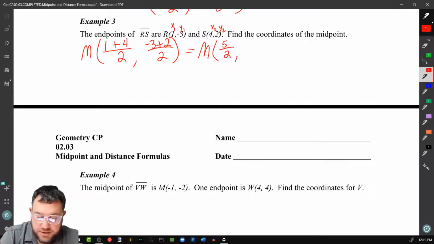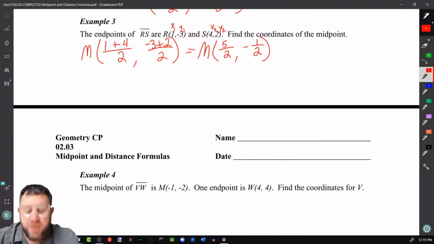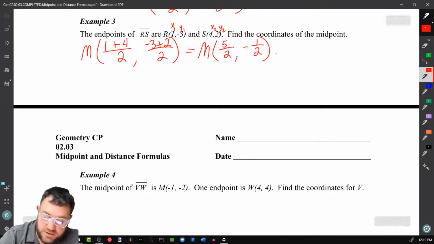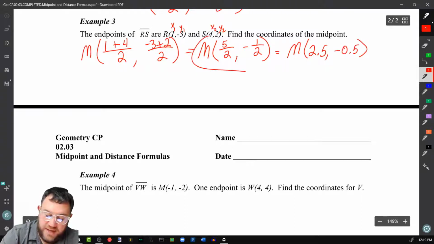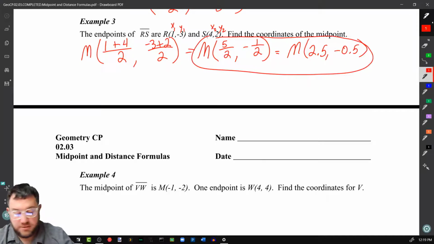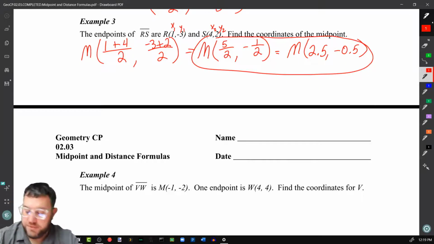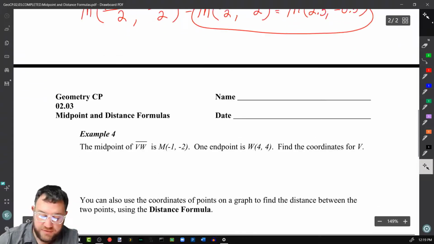Negative 3 plus 2 is negative 1. And it's totally okay. In fact, for me, it's preferable to just leave these as fractions. If you wanted to, you could make it 2.5 and negative 0.5. That would be okay. I'm not going to count off points by any means, but I prefer you to just leave them as fractions.